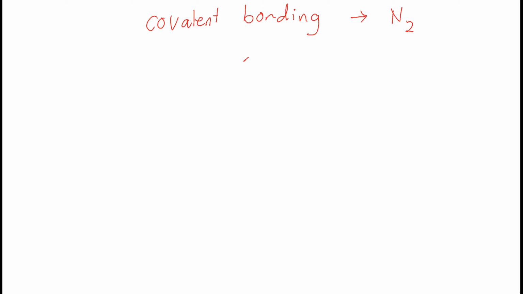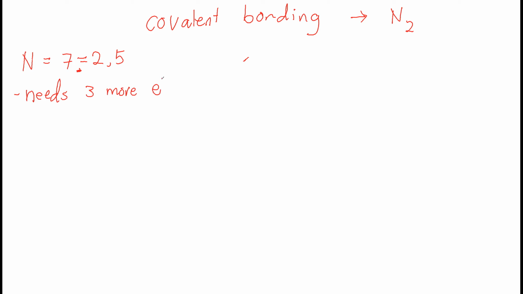Hi, let us now study the covalent bonding between 2 nitrogen atoms to form the nitrogen molecule. The nitrogen atom has an atomic number of 7, which translates to an electronic structure of 2, 5. So the nitrogen atom requires 3 more electrons to achieve the noble octet configuration of 2,8.